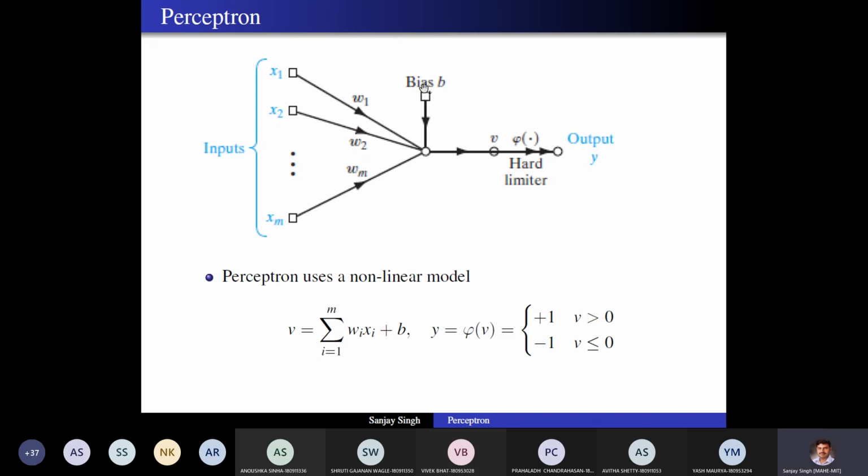If I write the entire sum, it is nothing but Σ wixi plus b. And if you remember, we were saying that we'll be using the notation wjixi. Why am I not using that wji? Any idea what could be the reason for that?